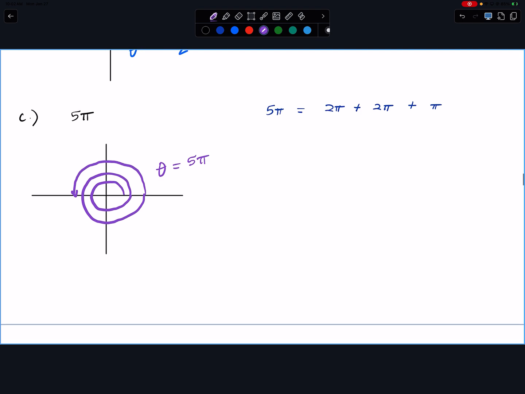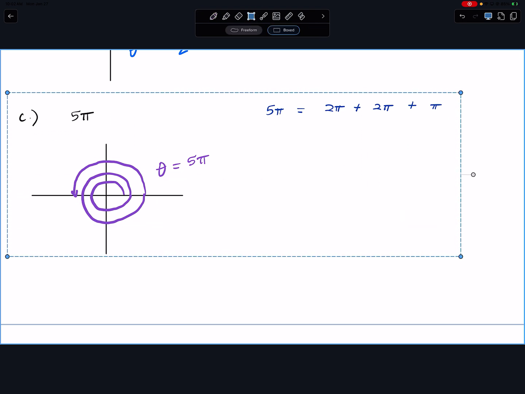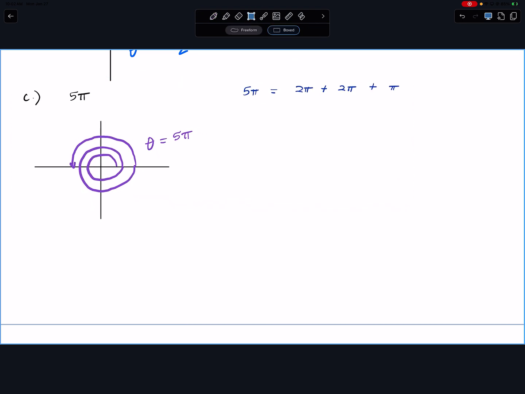Okay, let's do one more, because we love fractions, right, guys? Love them. D. Okay, is this angle on my unit circle?